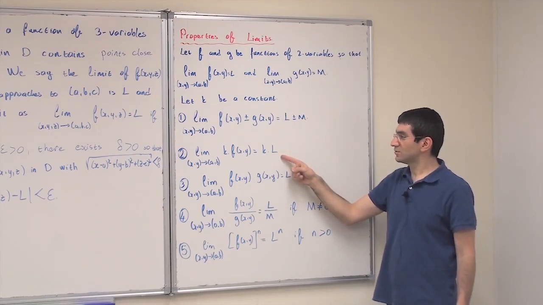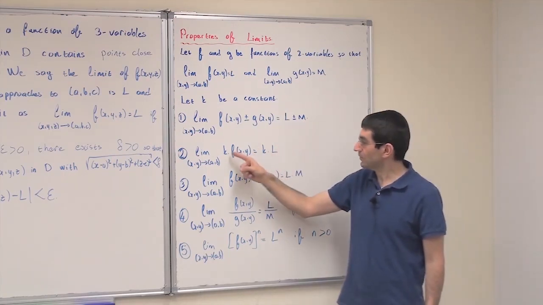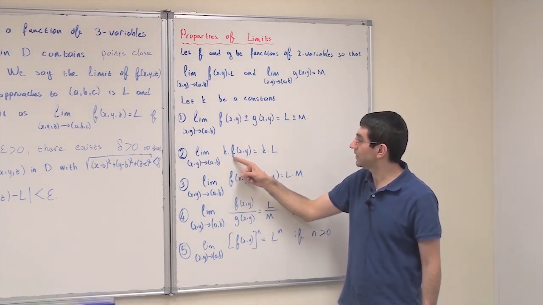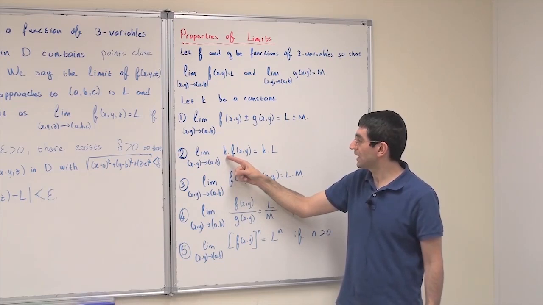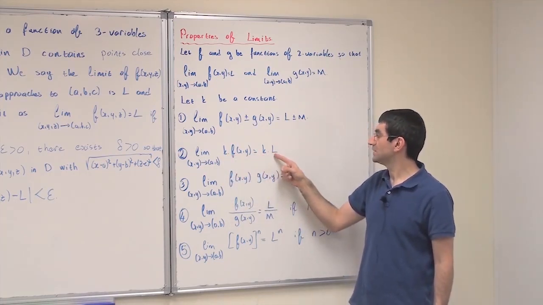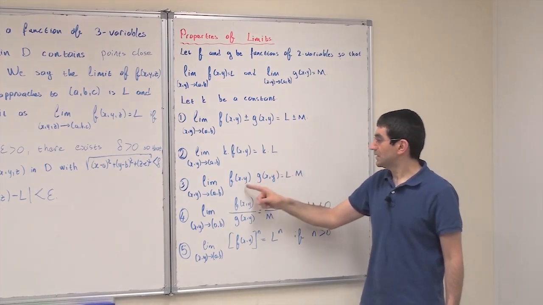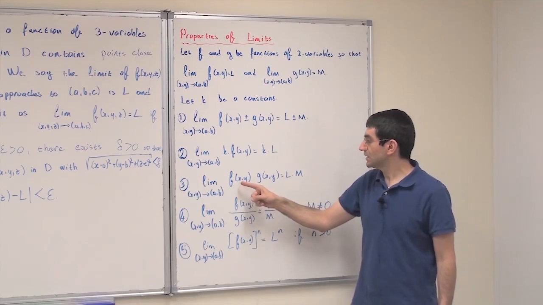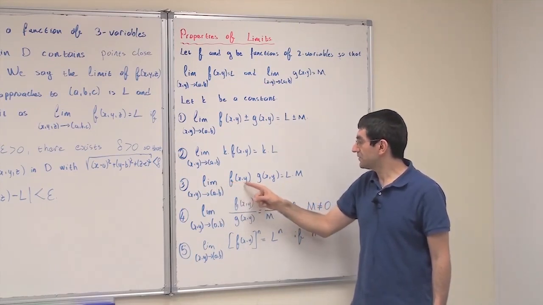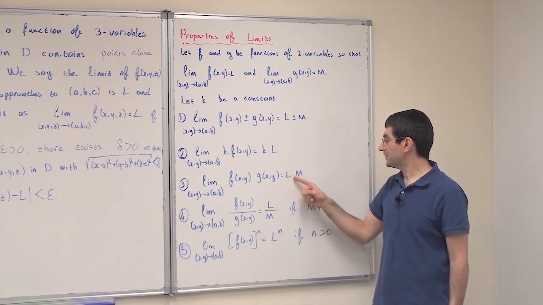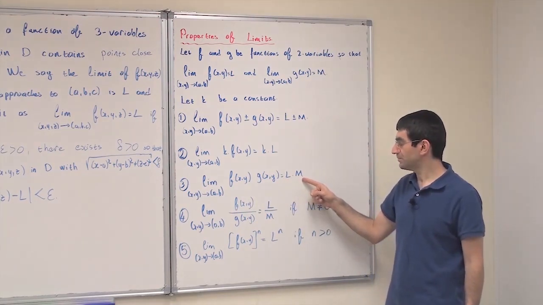Our second rule is about product between a constant and a function. So limit of k times f, it is equal to k times limit of f. Now, third rule, it's about a product of two functions. So limit of f times g is equal to limit of f times limit of g.